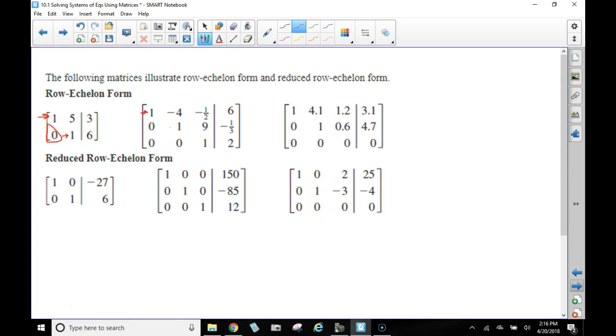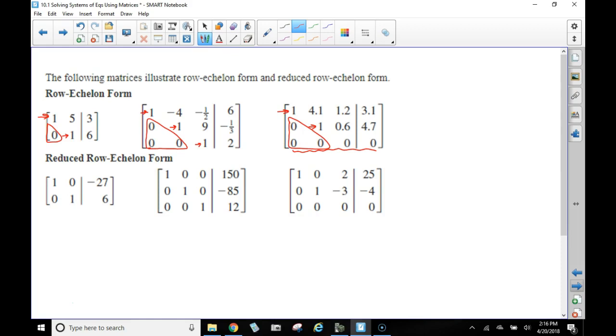Leading 1, zeros down here, okay? Leading 1. Here's a row consisting entirely of zeros, and it's at the bottom, okay? We've got zeros below the leading ones.